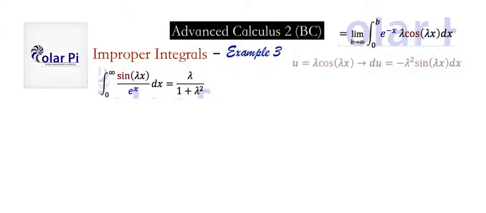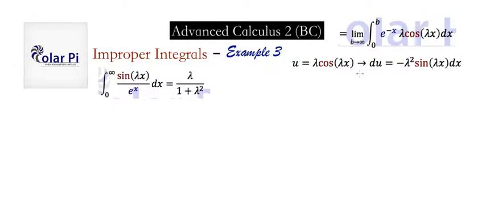Why don't we go with u being lambda cosine lambda x, so that's this. And so du will have to be the derivative of cosine, negative sine, and there's the negative, and then the sine of lambda x, and then by chain rule times lambda. So that's why we've got negative lambda squared to lead.